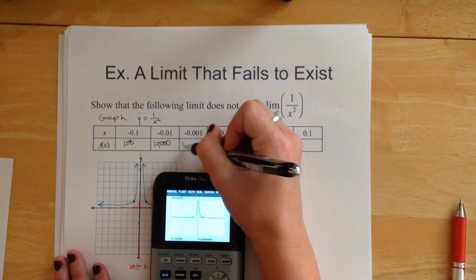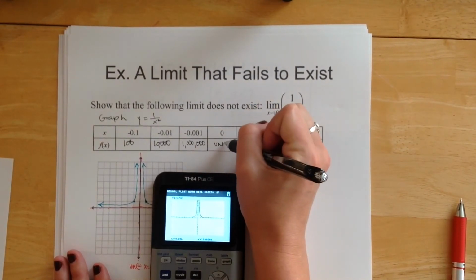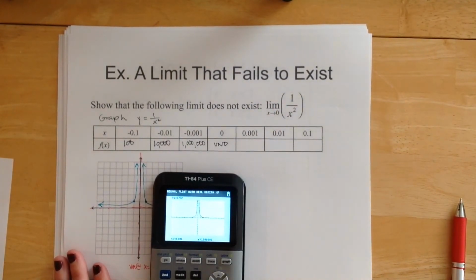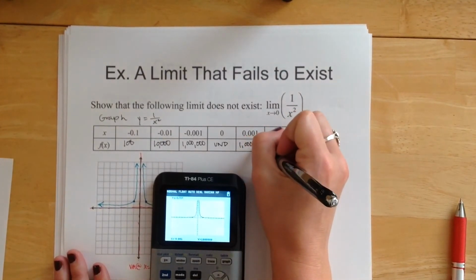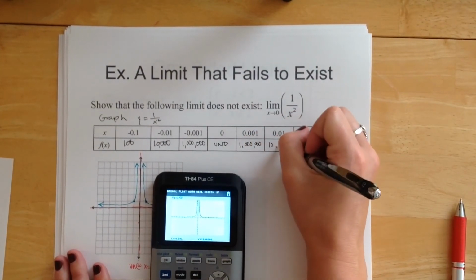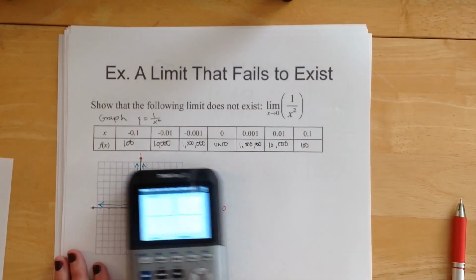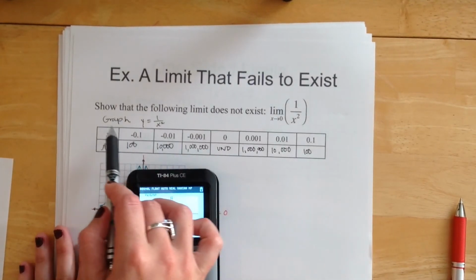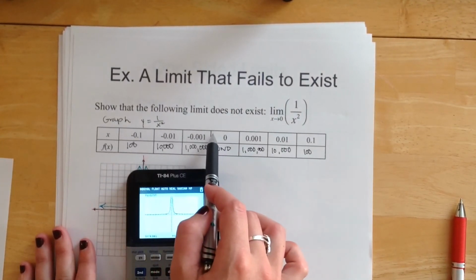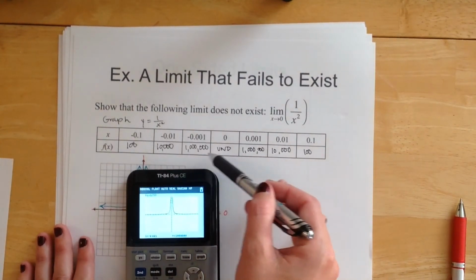You get 1 million. Okay, so looking at the table, as x gets closer and closer to 0 from the left-hand side and the right-hand side, our y values are getting larger and larger and larger.